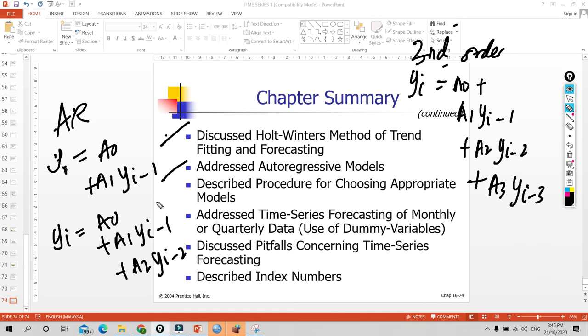This is the third order, this is the second order, and here is the first order.